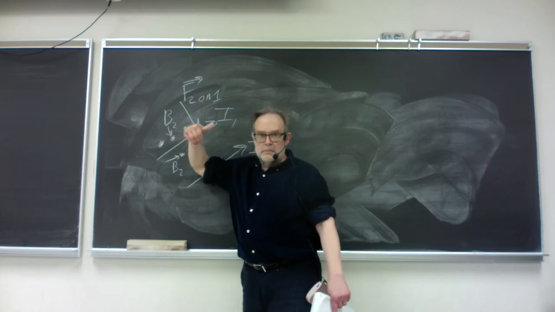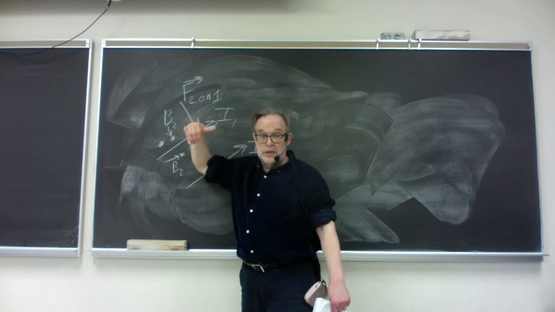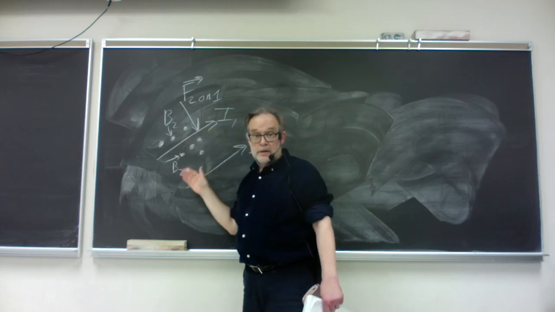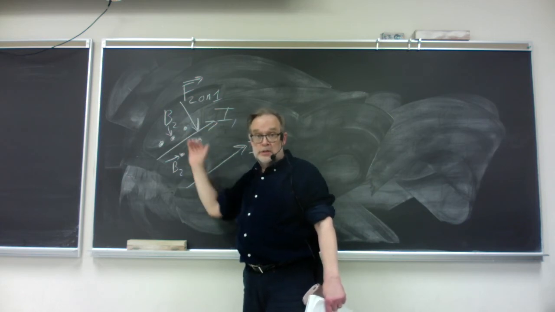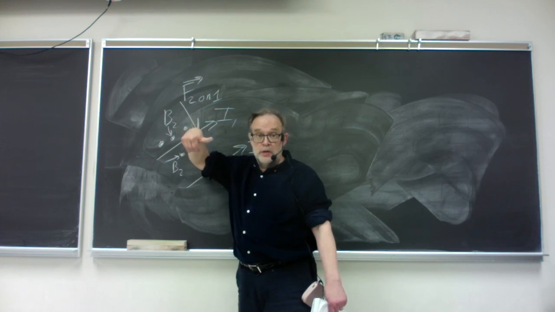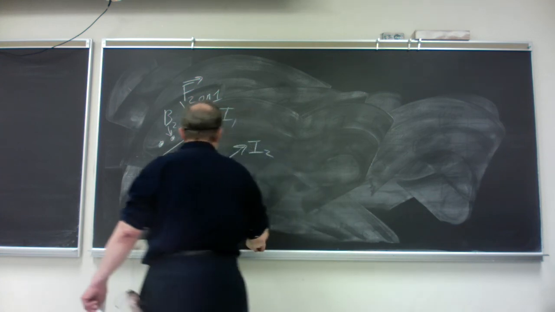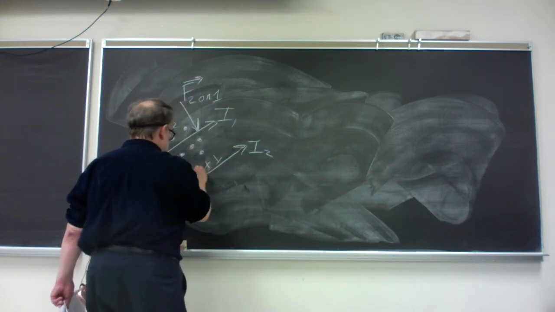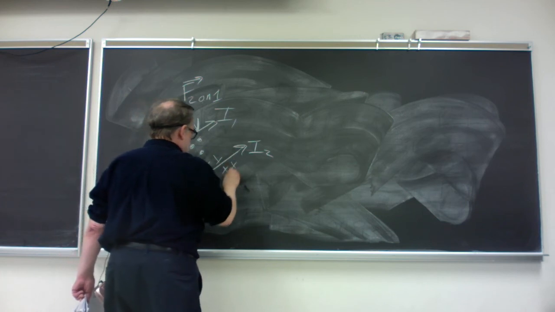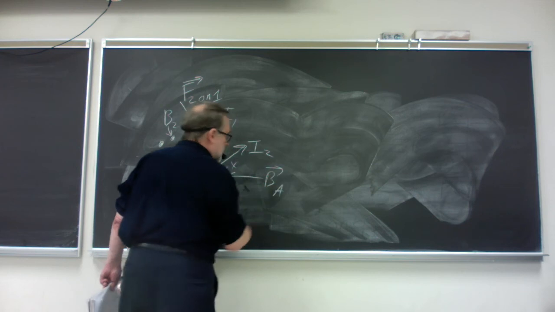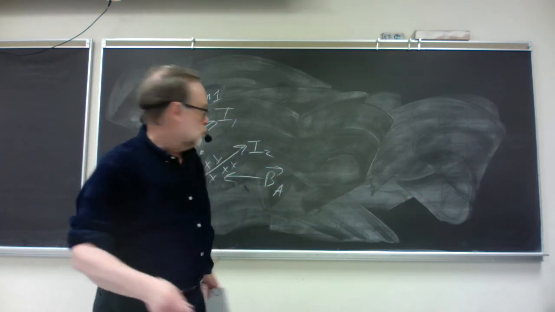So at points where my fingers are below my thumb, in other words, below I1, in other words, where I2 is, the field is pointing into the blackboard, this way. That's the field from current 1.